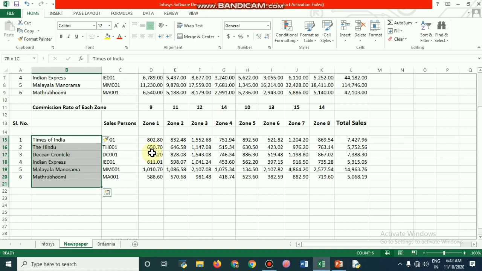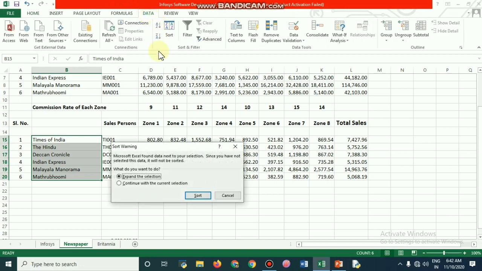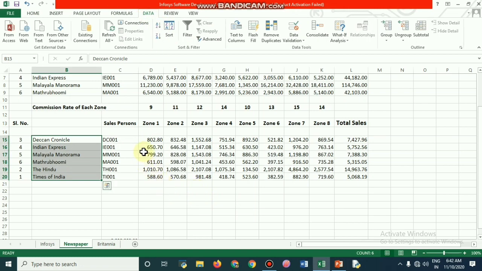We could expand, all the data changed, and here the data was sorted in alphabetical order.